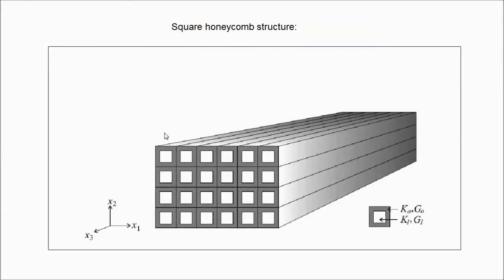We have this periodic structure, and the structure is a composite structure consisting of two materials, and both materials are described by their Young's modulus and the Poisson ratio. And we denote by Ko the bulk modulus of the outer material, Go the shear modulus, and correspondingly Ki and Gi in the inner material.